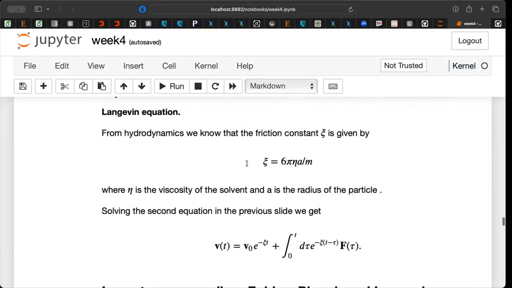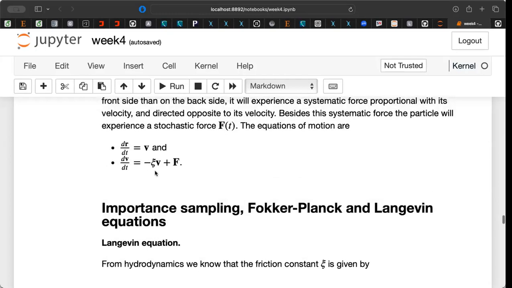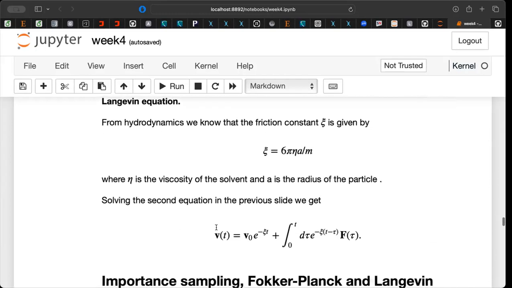And when you solve the second equation which you have here, then you can integrate up and you can find a new velocity, or you can find a new position if you want to, which is then given in terms of this quantum force. So this is the basic equation which is normally used to derive the actual implementation of the Langevin equation.